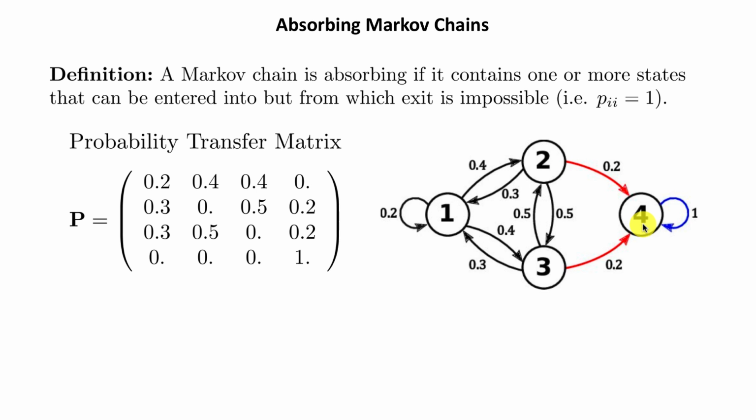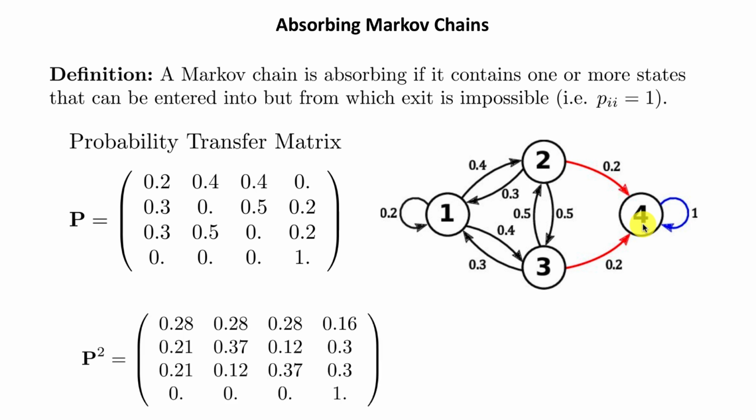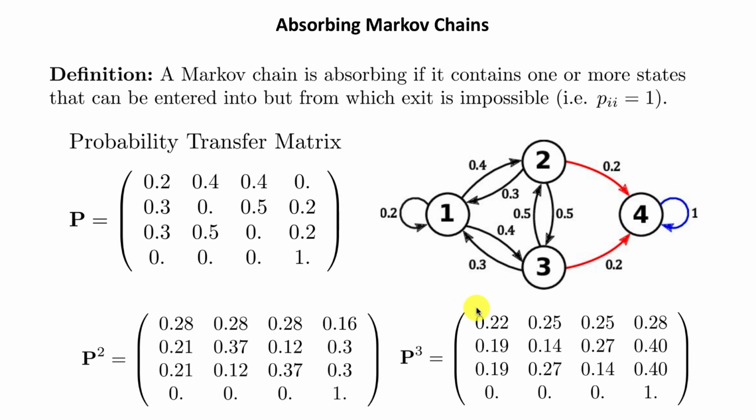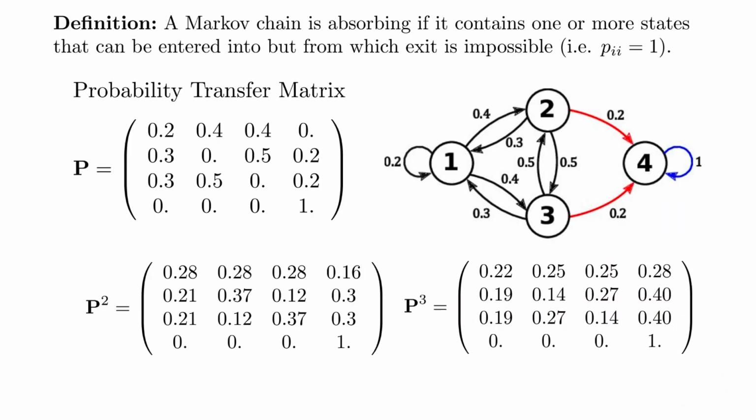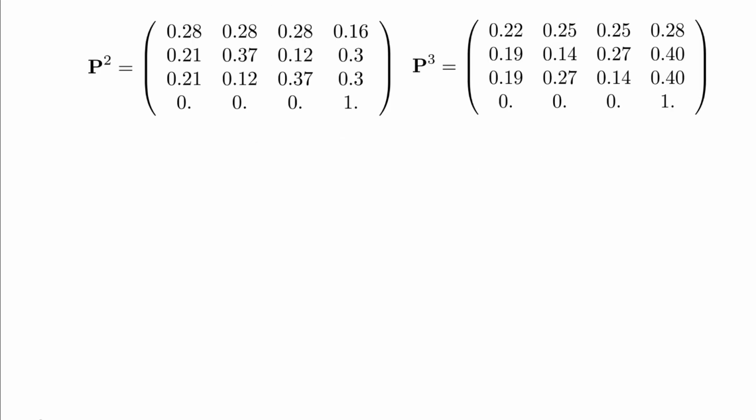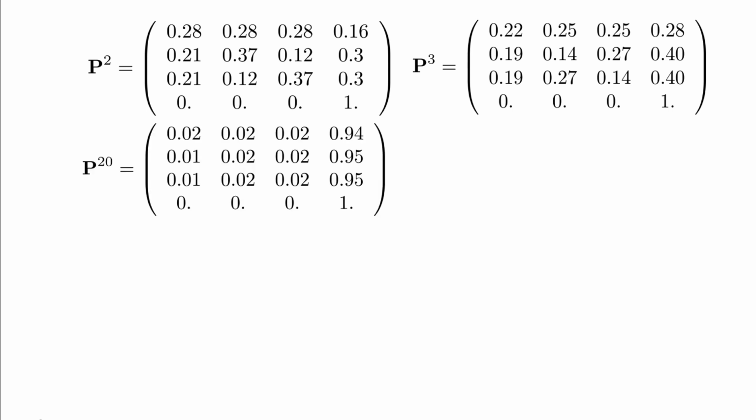Now let's see what happens when I take the square of P. So in other words, when I make 2 jumps starting from anywhere. In that case, P squared becomes this. One gets this, of course, by numerical multiplication on a computer. P cubed is this. Now there's no space over here for me to write P4, P5, etc., but I'll write P20, and here you can see that this entry or these entries are getting smaller and smaller, as are these.